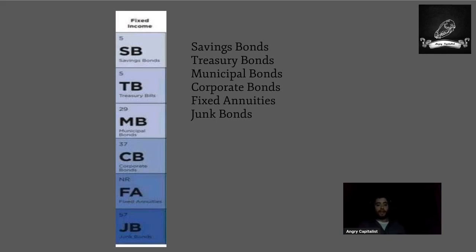So savings bonds, they have moderate liquidity. The risk level's 5 on this for the chart. Really, the biggest risk that I see with these is if the rate of inflation exceeds the yield during the term of the bond. So let's say I get a 10-year bond, right? And it takes 10 years for this bond to mature.